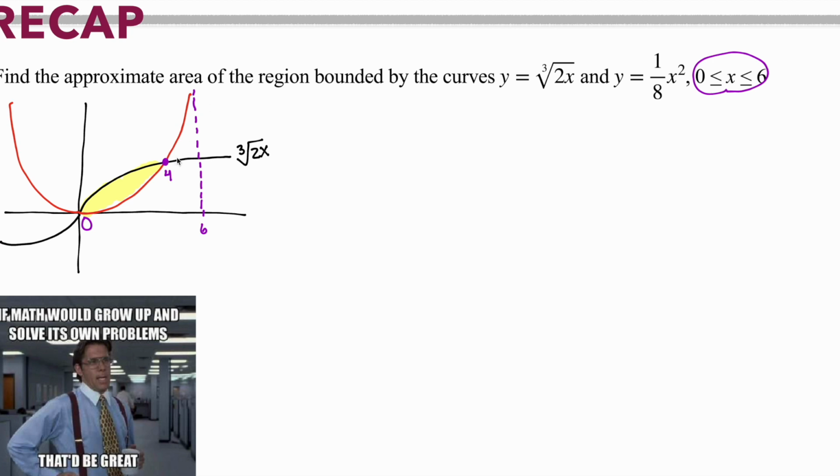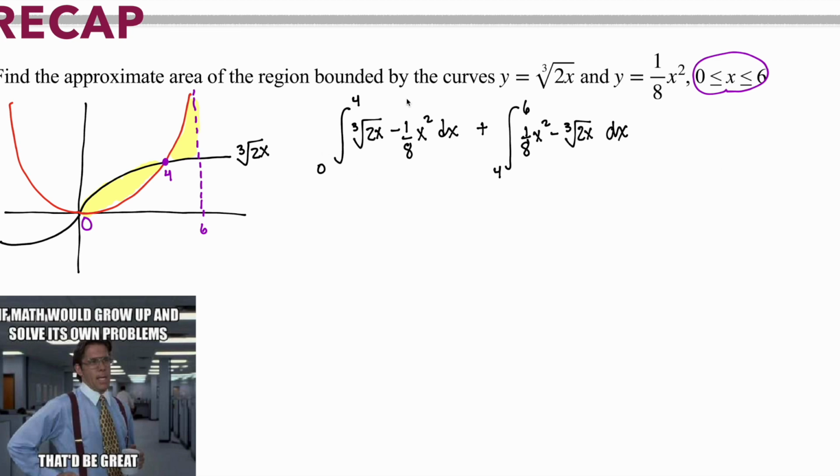That means we have 2 areas that we're dealing with. From 0 to 4, it is going to be the cube root of 2x minus 1/8 x squared dx. Plus the area from 4 to 6 is now going to be the red function minus the other function.